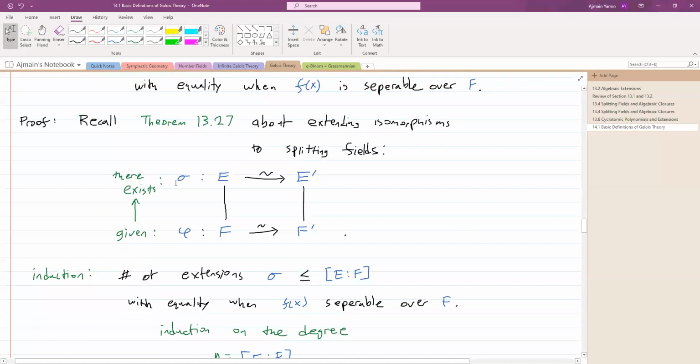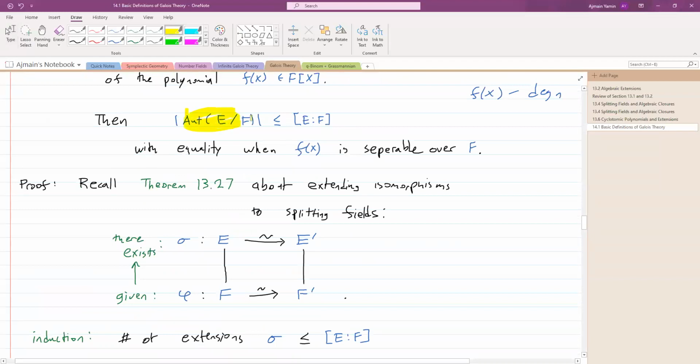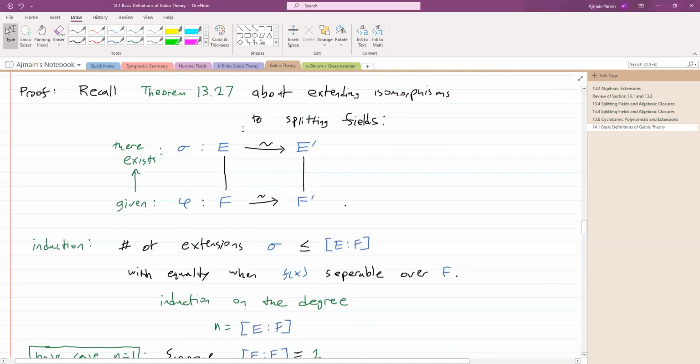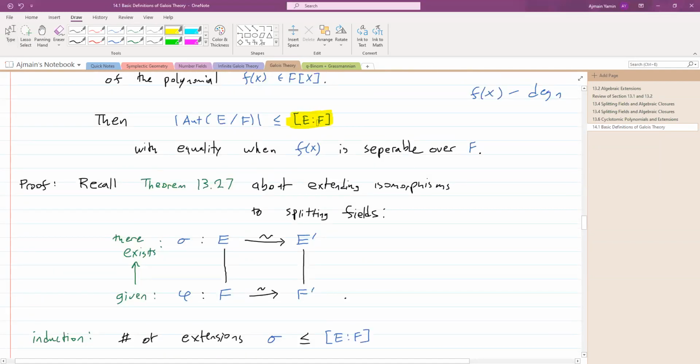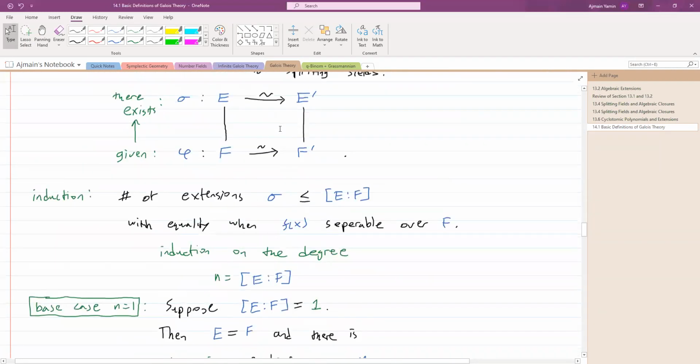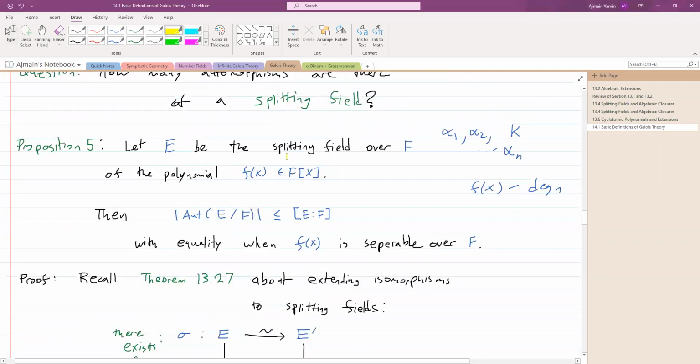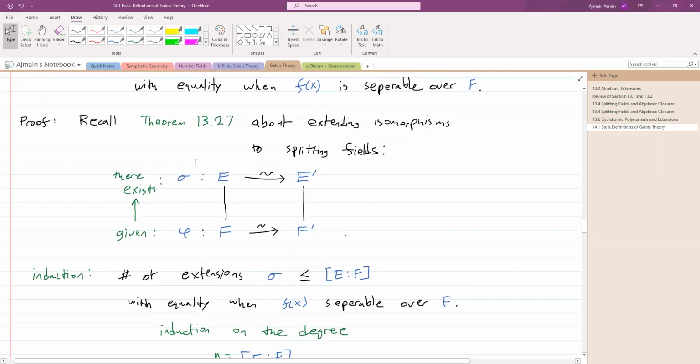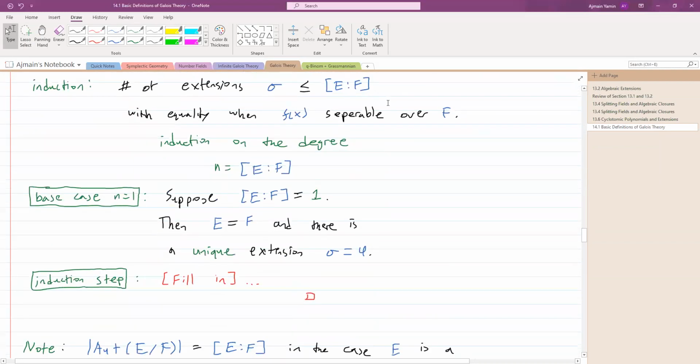The number of such extensions specializes to count the automorphisms that fix F, and that number will always be less than or equal to the degree of E over F. And when E is a splitting field and f is separable, that number is equal to the degree of E over F. The key assumptions are that E is a splitting field and f is separable, but that's usually the case. The real assumption is that E is a splitting field.